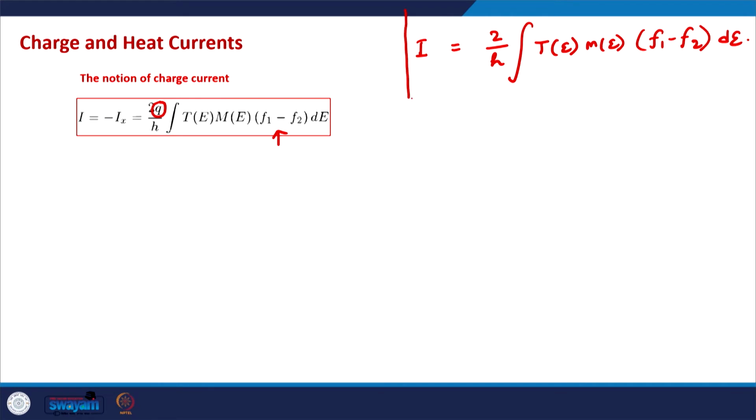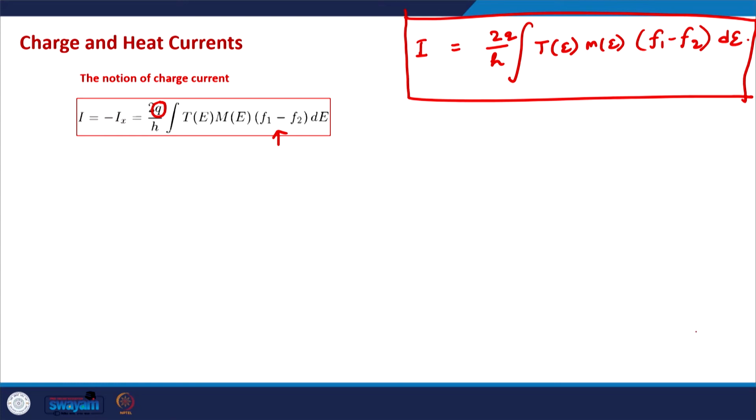So this is a generic particle flux, or I would say the particle current, and if we multiply this by charge, it becomes charge current. This is what we derived in the general model of transport, and this is what we use in calculating the current in all the devices, in fact.